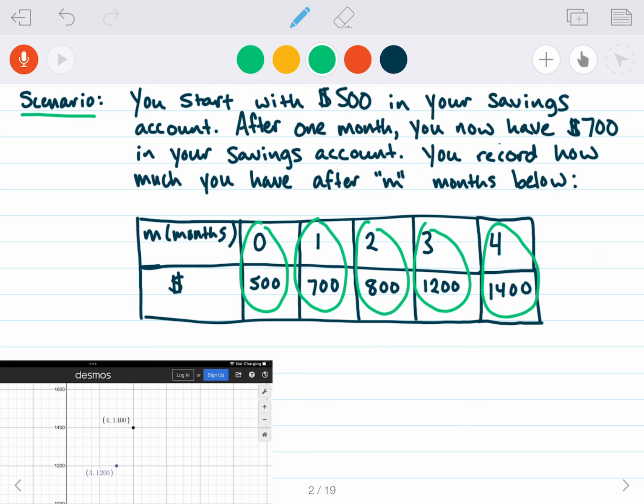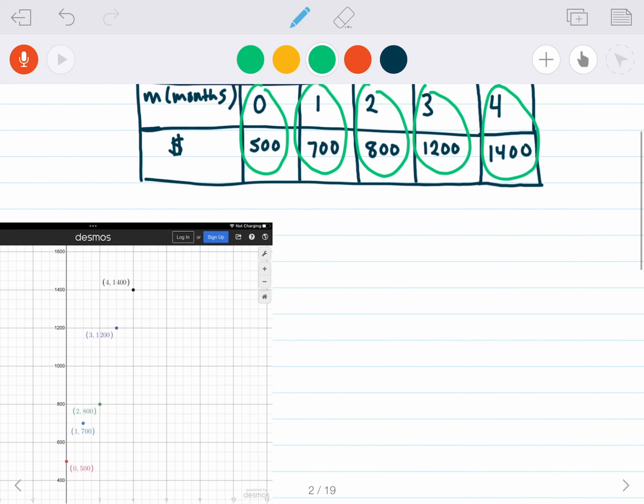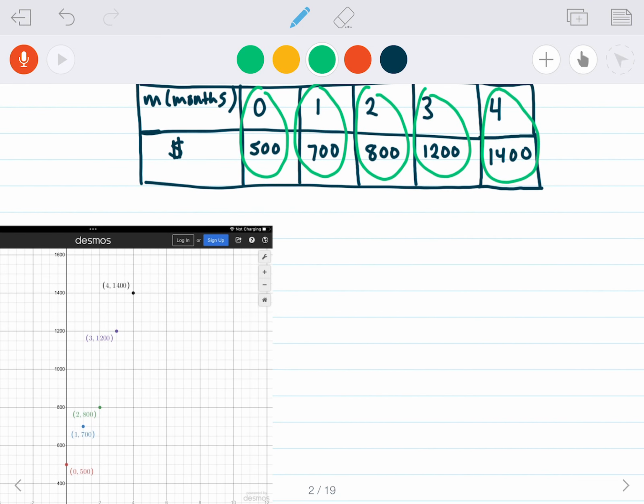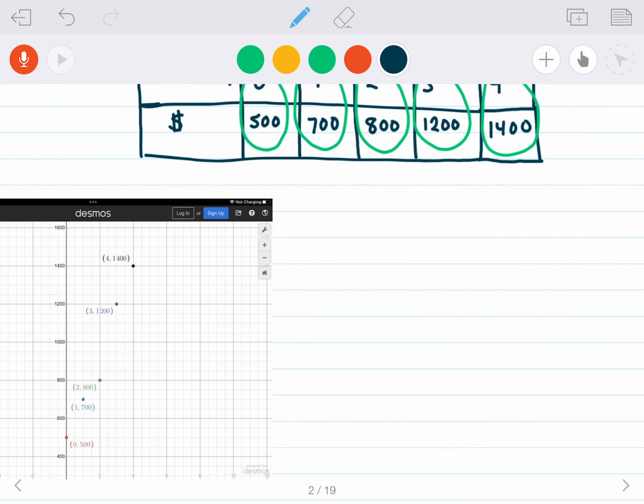Well, what we can do is look at this in the table format, or we can look at it on a graph. So I graphed this in Desmos. Now our ordered pairs have time as our independent X variable, so that comes first, and how much is in our savings at that time is the second number in the ordered pair, our Y value. So we can examine what's happening over time by connecting successive dots.